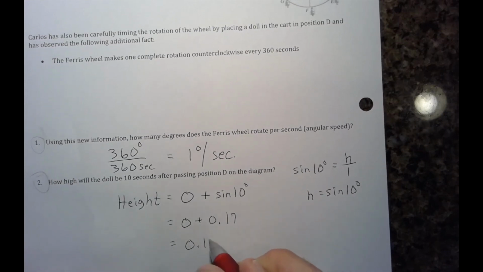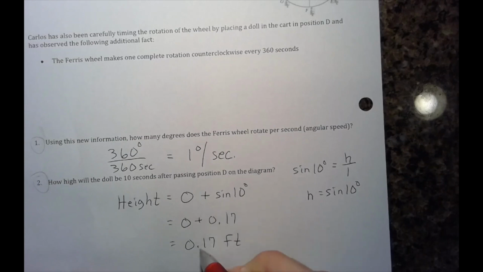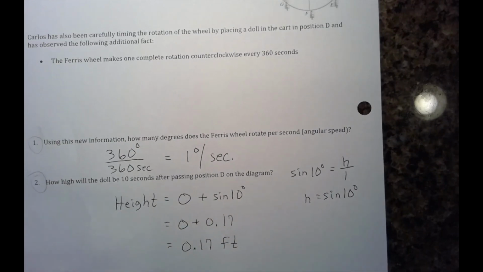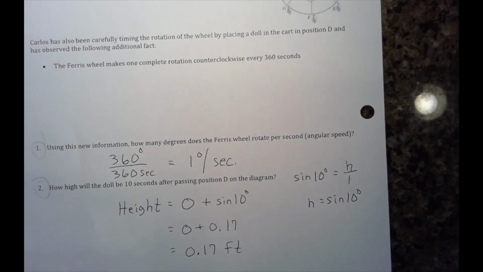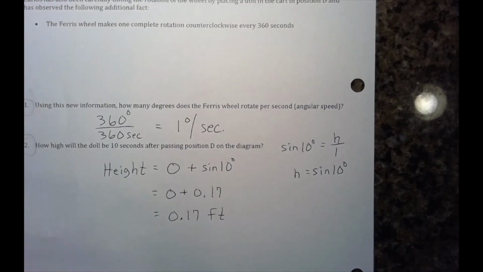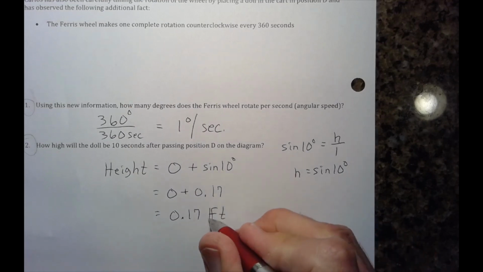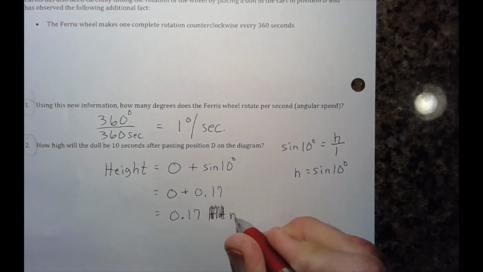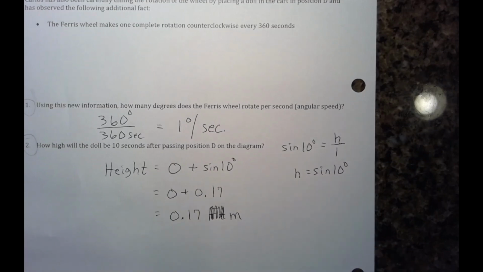So the doll is not very high off the ground. That makes sense with the 10 seconds, because a full circle is 360 seconds, so 10 seconds is not very high off the ground, and it's on the ground when it started. If it were at its highest height, it would only be 1 meter. I mislabeled that. It's actually meters, not feet. So it's only going to be barely off the ground after 10 seconds.